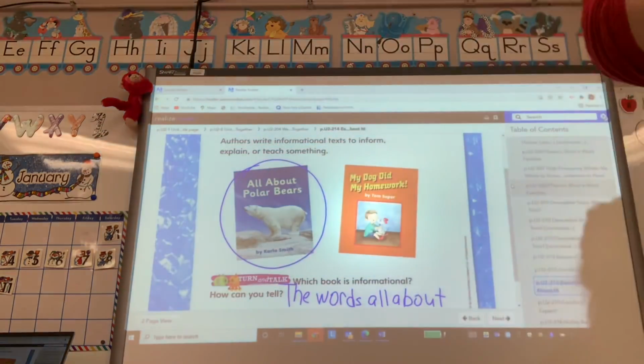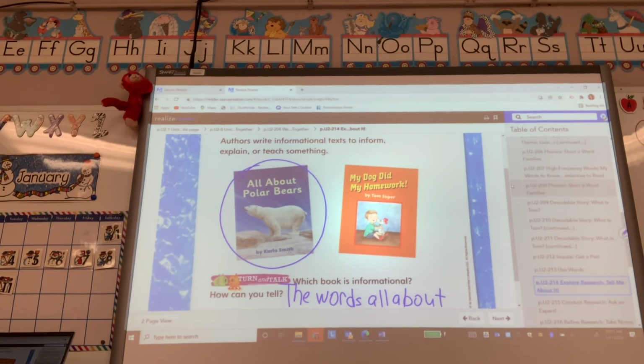Remember, our new ones this week are blue, green, and what?